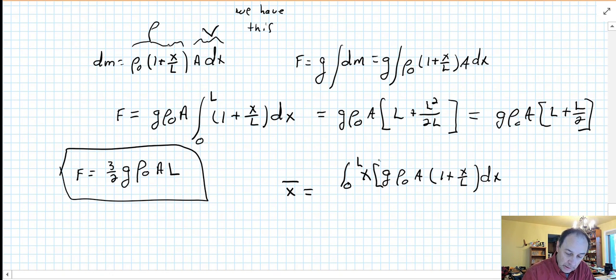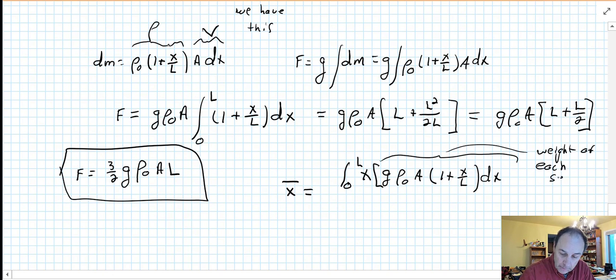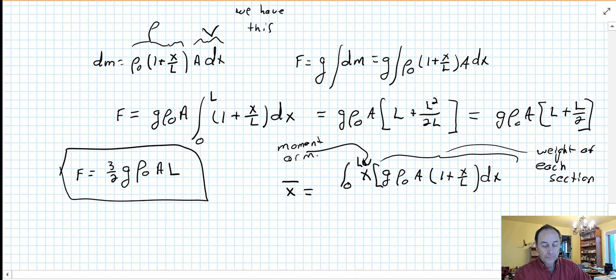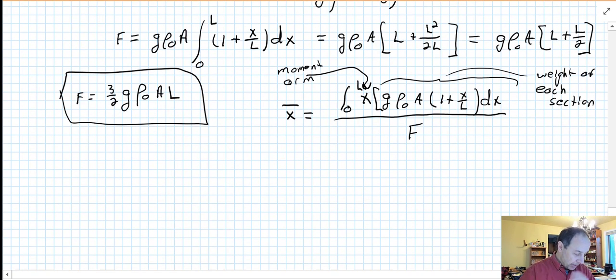This is the weight of each section, and the x is the moment arm. And we have to put that over the total force, which we just integrated and found.